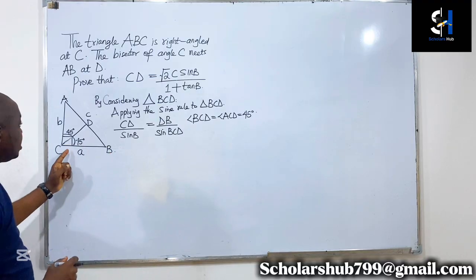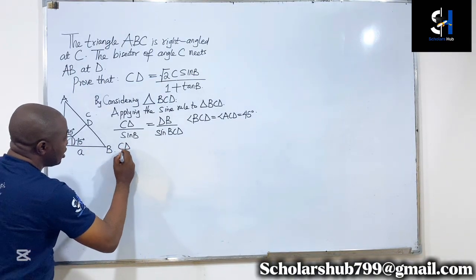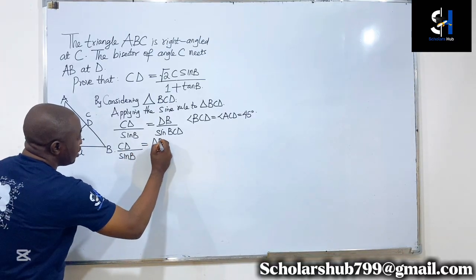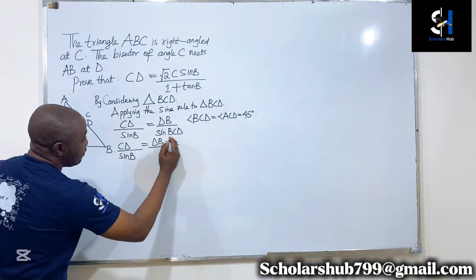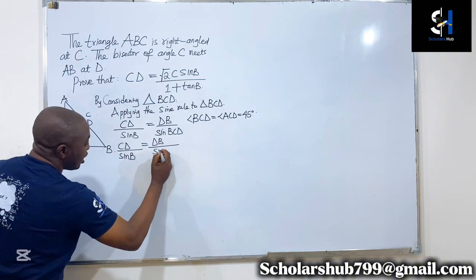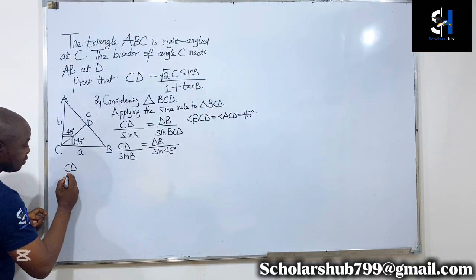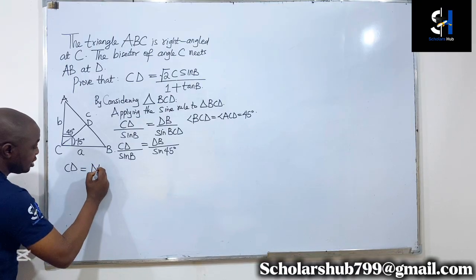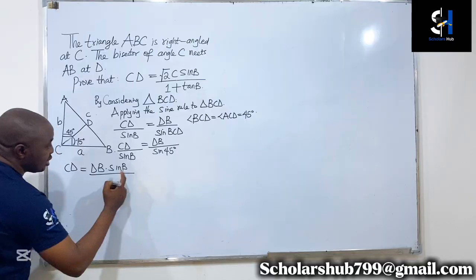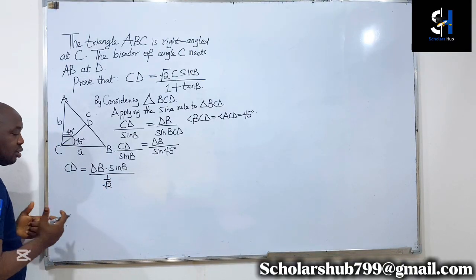Now, BCD is 45 degrees. So we can say from here, CD over sine B equals DB over sine 45 degrees. So CD equals DB multiplied by sine B divided by sine 45 degrees, which is 1 over radical 2.